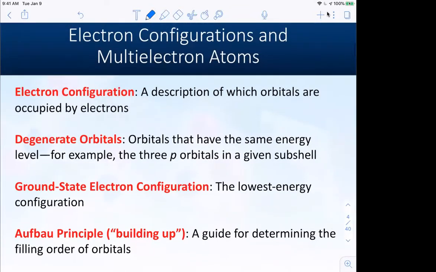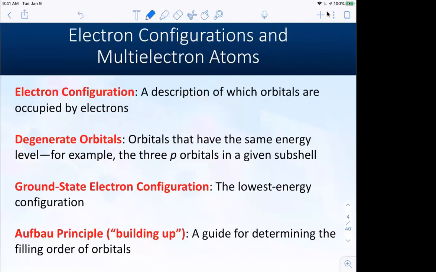Remember, the electron configuration is the description of which orbitals are occupied by electrons. Every single element on the periodic table is going to have a slightly different electron configuration because as I add protons to the nucleus, which changes the identity of the element, I'm also adding electrons if I'm talking about my neutral atom.